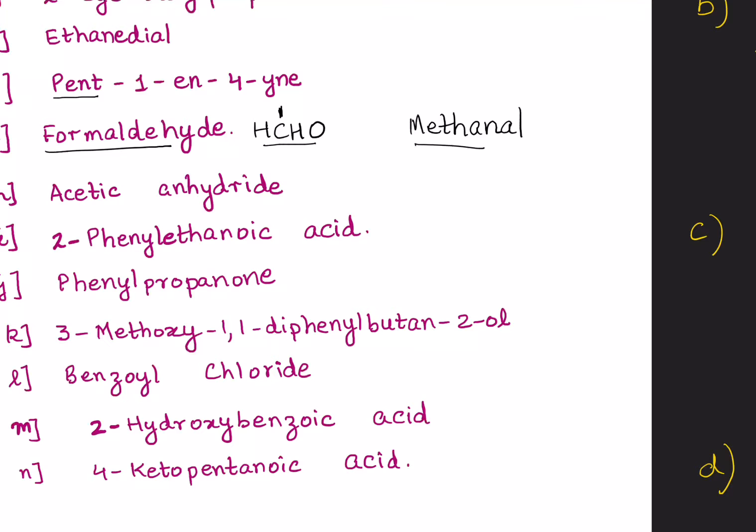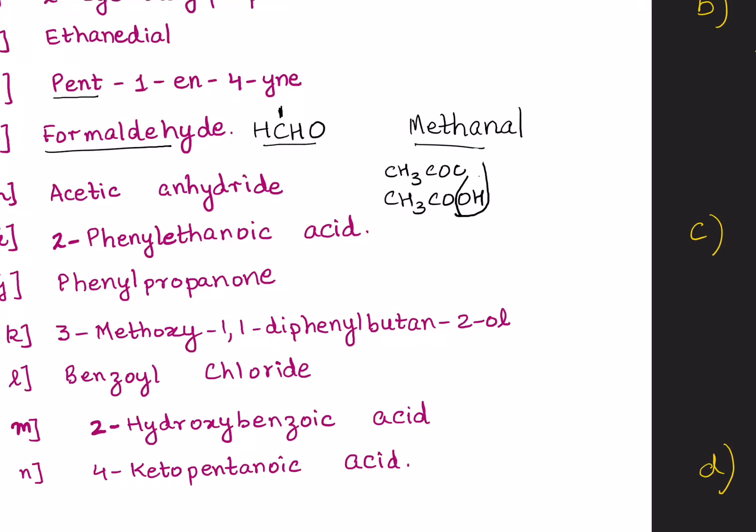Acetic anhydride, it's the common name of ethanoic anhydride. So basically, how is acetic anhydride formed? You have 2 molecules of acetic acid. You remove a water molecule. That means it becomes an anhydride. It loses a molecule of water. It is short of water.